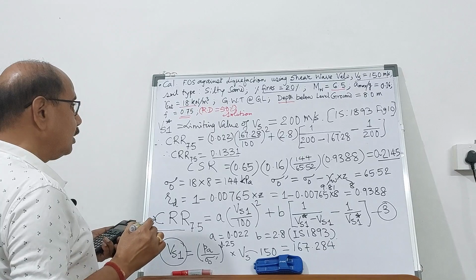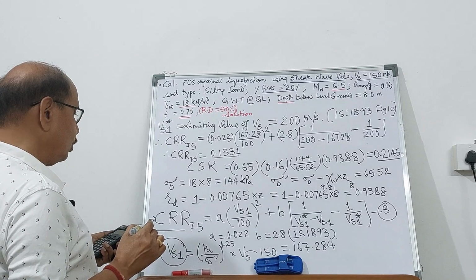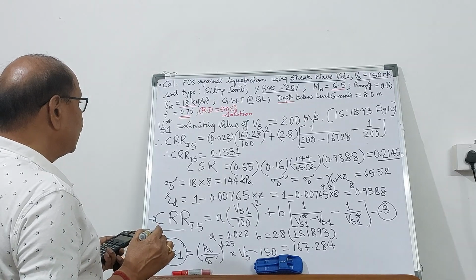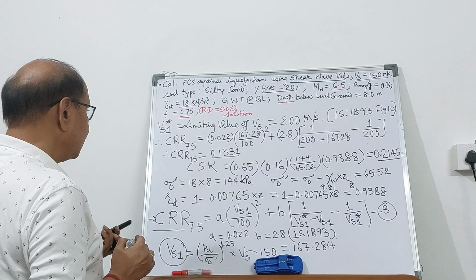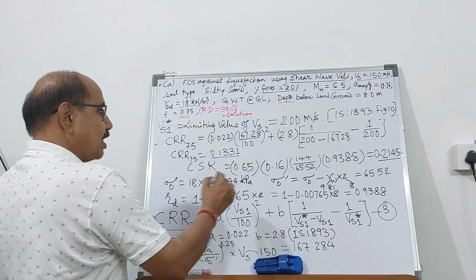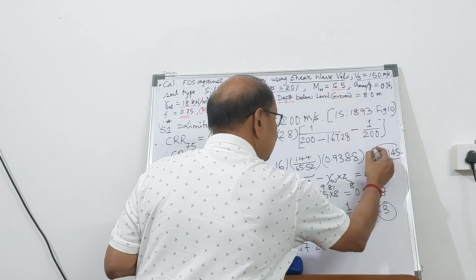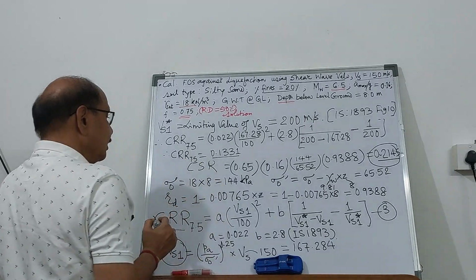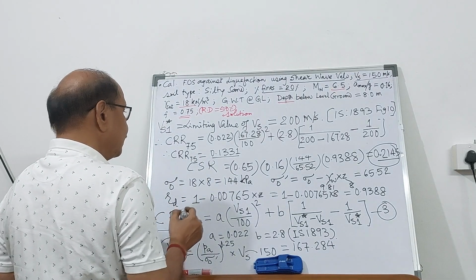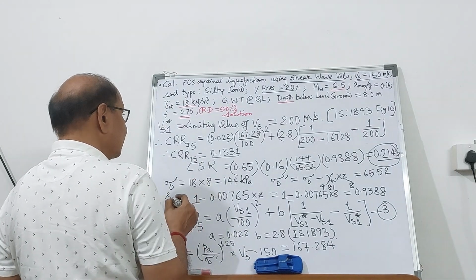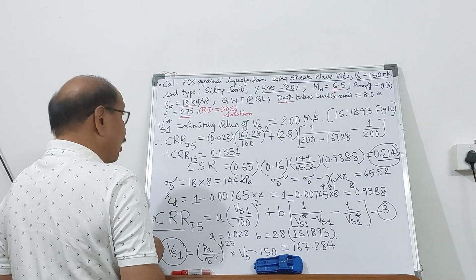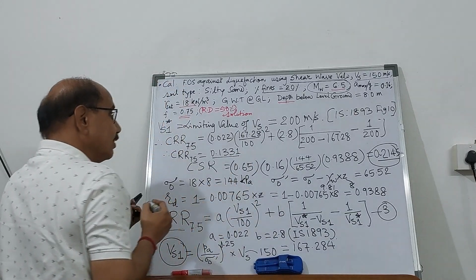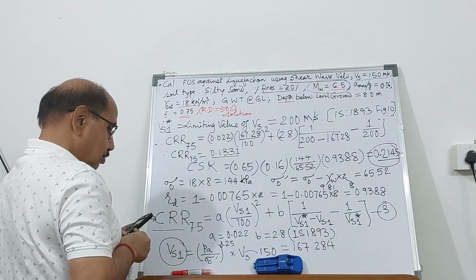So now what are the known values? We already know CSR, we know CRR. So CSR is already known to us. CRR for 7.5 we know it. Therefore, let us calculate CRR for 6.5, because the magnitude is here given as 6.5.